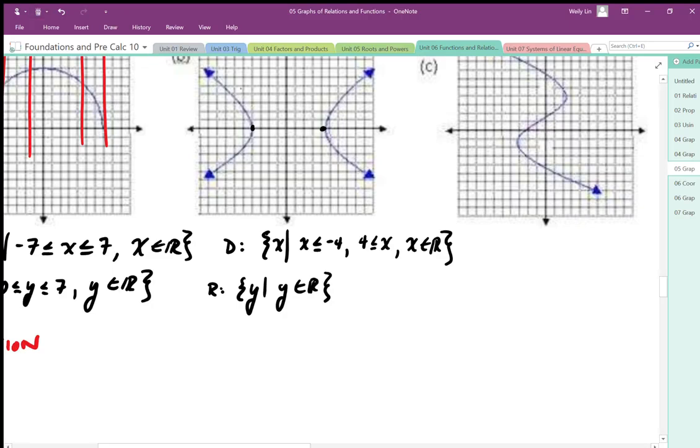Moving on to our function test, if I draw a vertical line, I have two places that cross. So this does not pass our vertical line test, so this is not a function. It is a relation. And this is something that we call a quadratic relation that we deal with in grade 12.